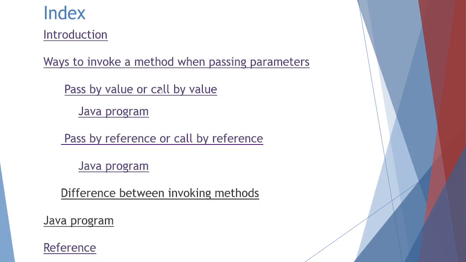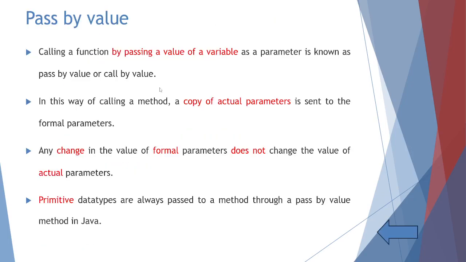Now, pass by value we'll see elaborately. We call a function by passing the value of a variable, and it is known as pass by value. Actually, what happens is a copy of the actual parameters is sent to the formal parameters. Any change in the value of the formal parameters, where are these formal parameters?